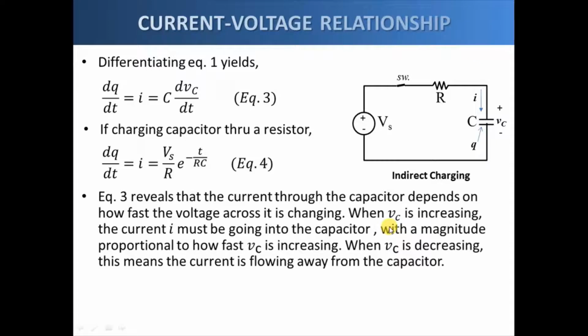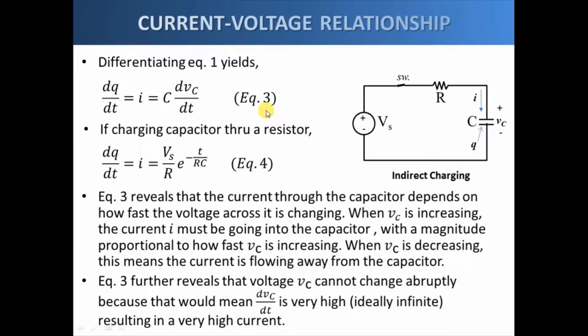Now when V sub C is increasing, the current is directed towards the capacitor, with a magnitude that is proportional to how fast V sub C is increasing. When V sub C is decreasing, that is, we have a negative slope, that means the current is flowing away from the capacitor. And how fast the current is flowing again depends on the magnitude of dV_C/dt.